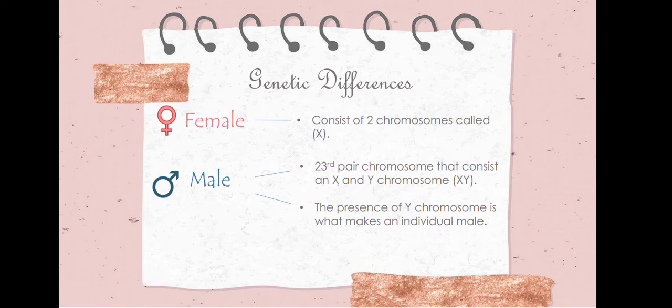For male, the chromosomes are called XY. So it is the 23rd pair of chromosomes that actually determines the sex of the baby. The presence of the Y chromosome is what makes the individual male. Right?